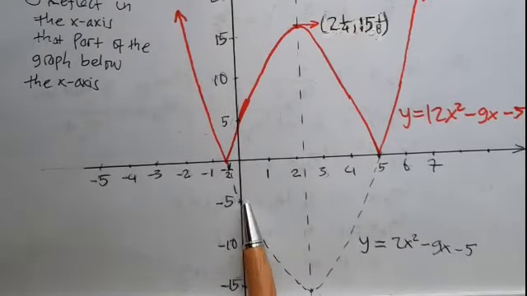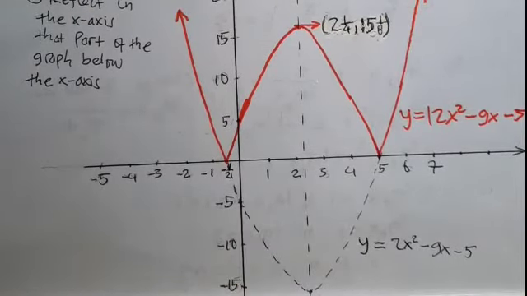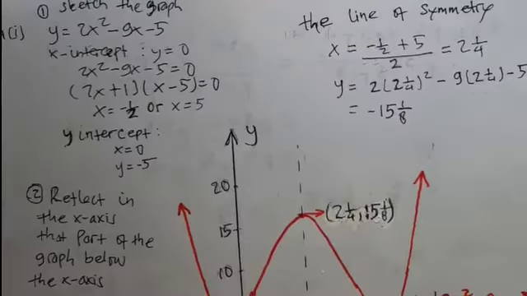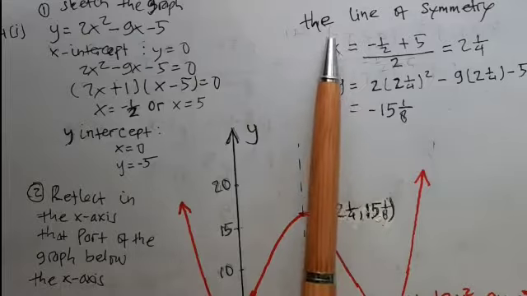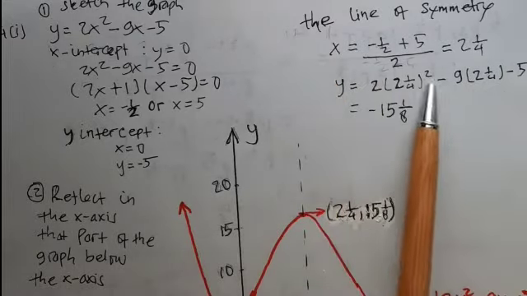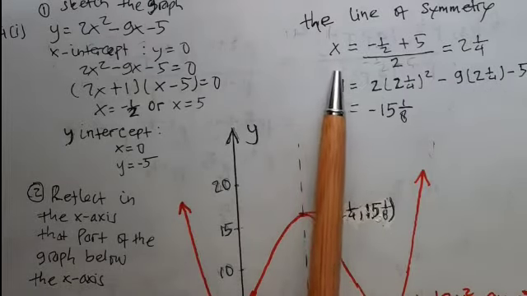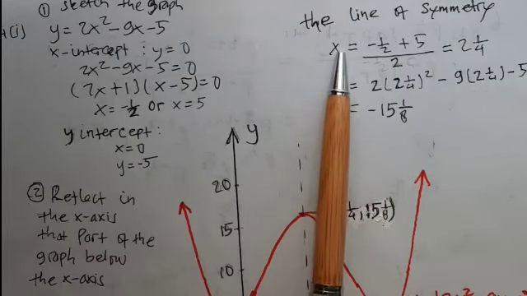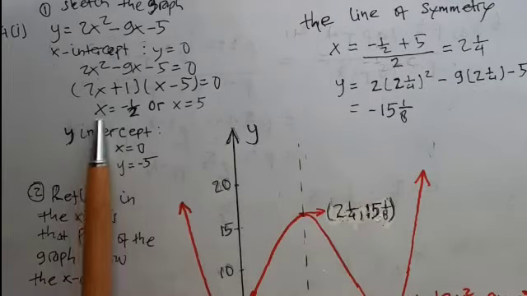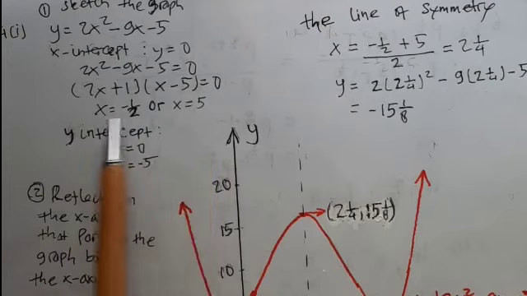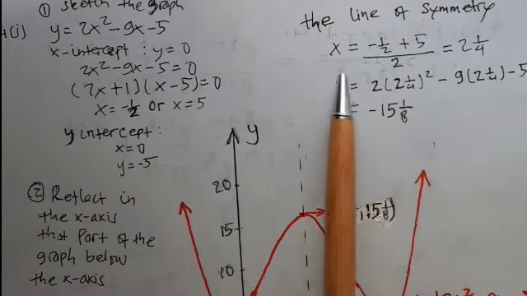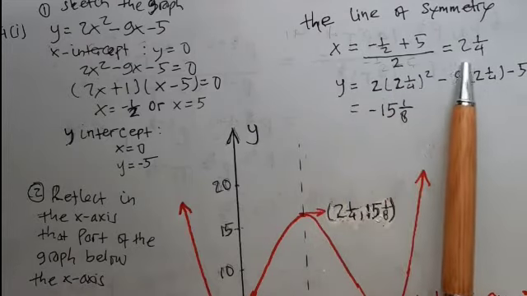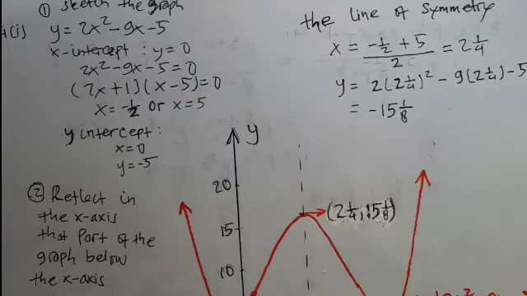Now we want to find the line of symmetry of the curve, that is x equals the first x-intercept plus the second x-intercept divided by 2, thus minus half plus 5 divided by 2, thus x equals 1 over 4. That is the axis of symmetry of the graph.